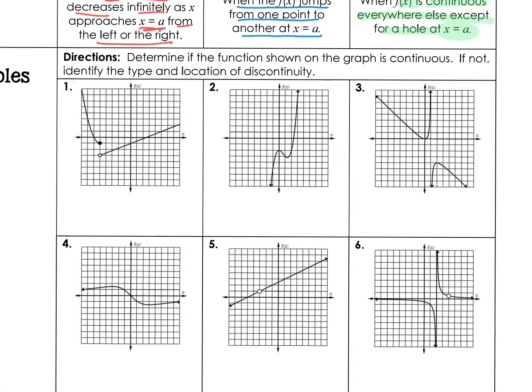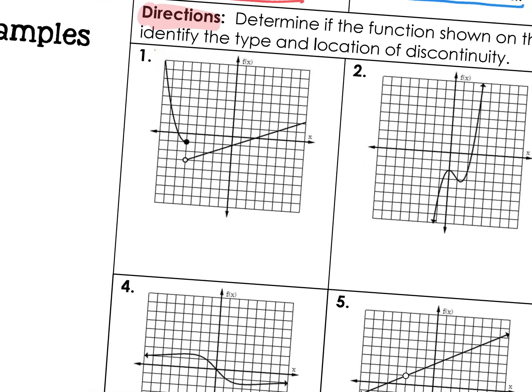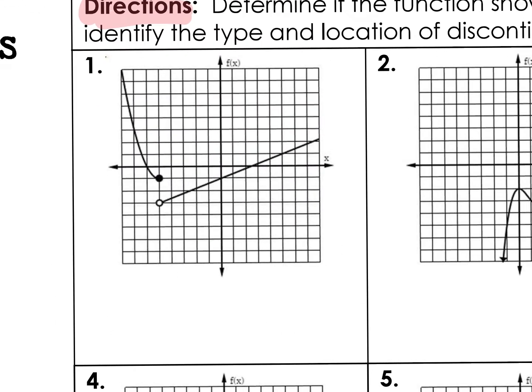So the directions say we're going to determine if the function shown on the graph is continuous. If not, we're going to identify the type and the location of the discontinuity. All right, so let's look at number 1. Number 1, it looks like there is a discontinuity right here. It looks like it's a jump discontinuity.